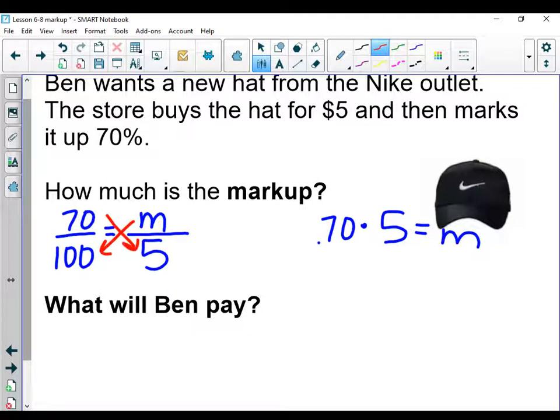Cross-productors, go. Equationers, left to right.